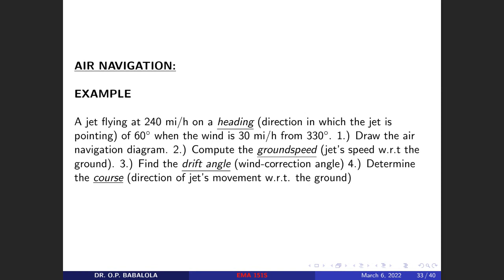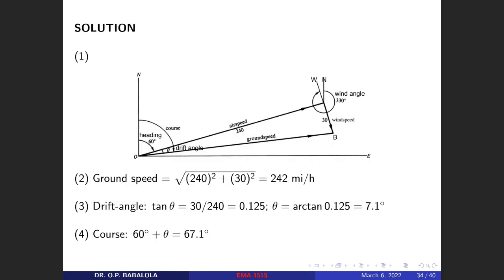I'll take you back again. It says when the jet is pointing 60 degrees, when the wind is 30 miles per hour from 330 degrees. And that is why it goes westward.